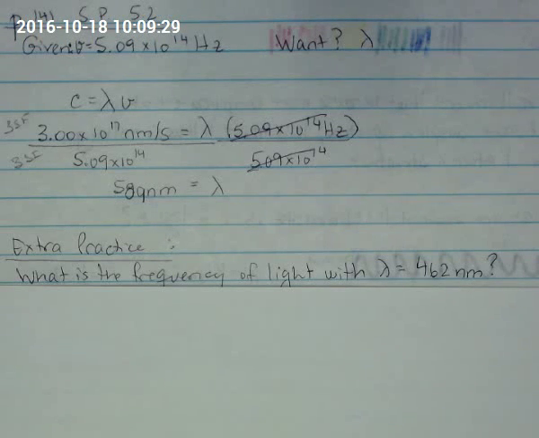Meters is a length unit, right? Okay. So wait a minute. Wavelength is a length. Frequency is a what? Okay. That's still not right.